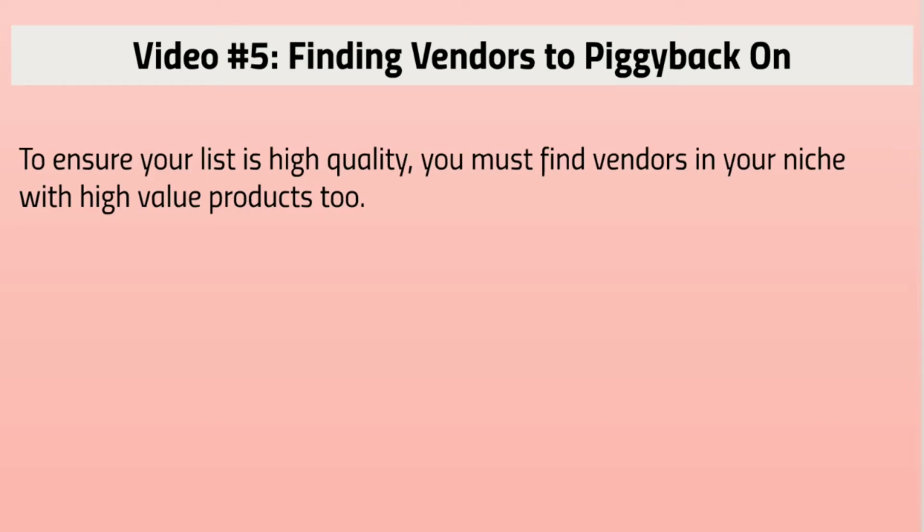If they're the type of person that is looking for high quality material and they're willing to pay for high quality material, that's the type of person that you want on your list. But if they're building a subscriber list or customer list filled with people who are demanding, they want to pay less, but they demand more, then you're going to end up building a list of people like that.